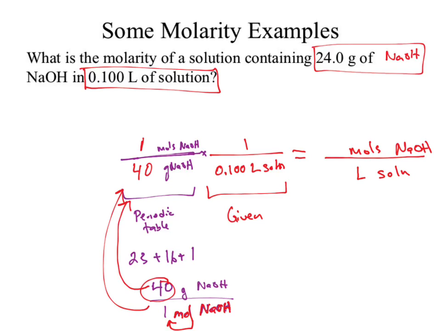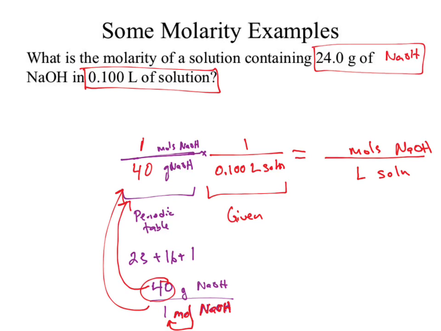Would we now have our answer? Do I have moles of sodium hydroxide in the numerator? What do I want? Yes. Do I have liters of solution in the denominator? Yes. Grams of sodium hydroxide shows up. So what do I have?